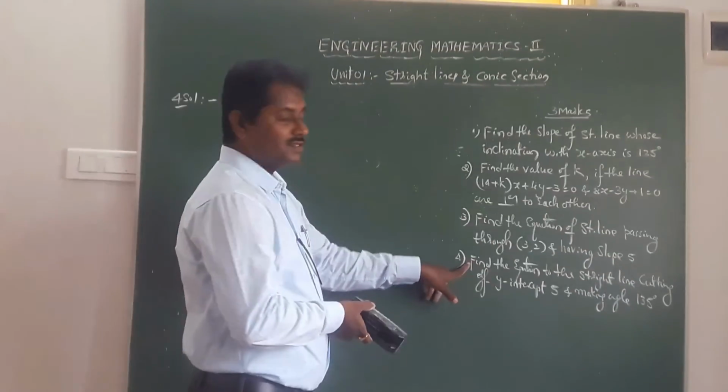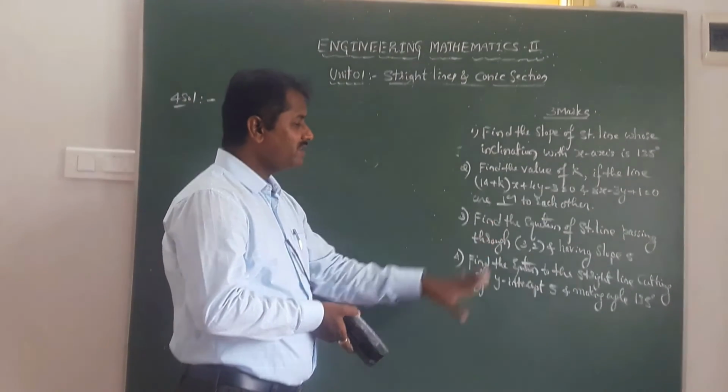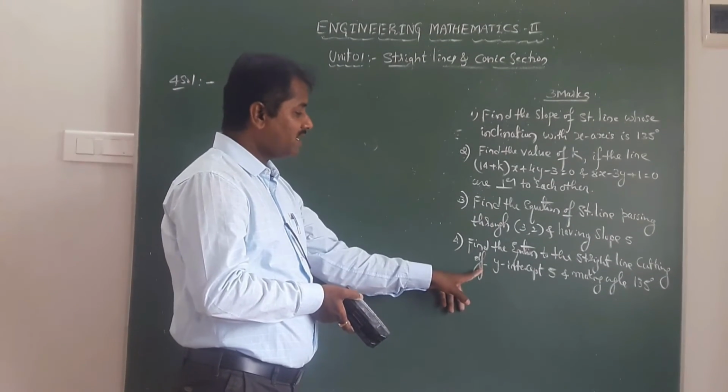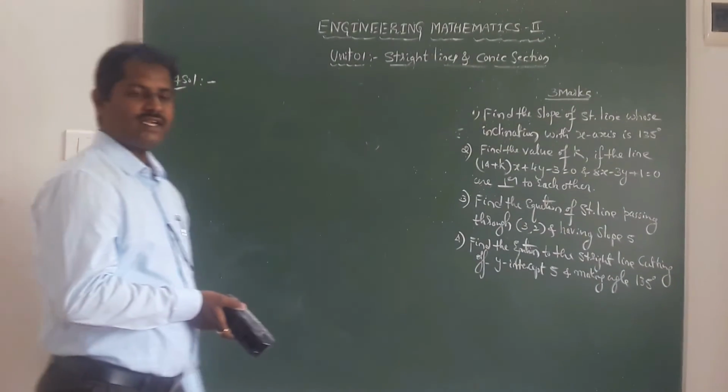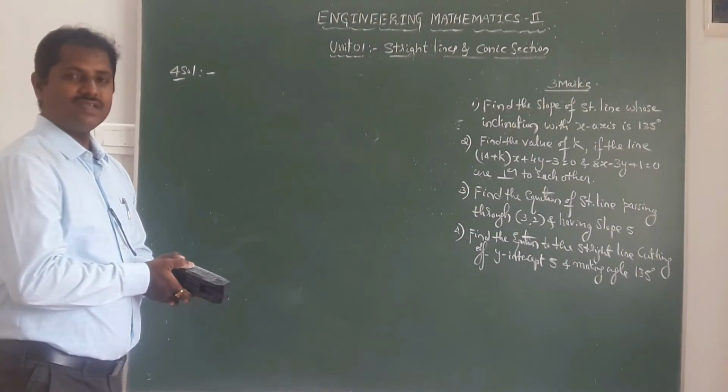The fourth question is: find the equation of the straight line cutting off y-intercept 5 and making an angle of 135 degrees.